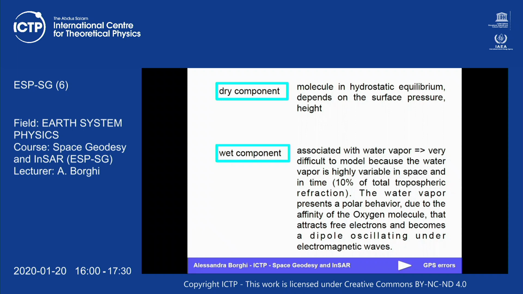The water molecule becomes a dipole oscillating under the electromagnetic wave. And why is the wet component so important? Because we cannot predict this component, and it changes really from one place to another, and over time. It is related to the weather, to weather forecasting.